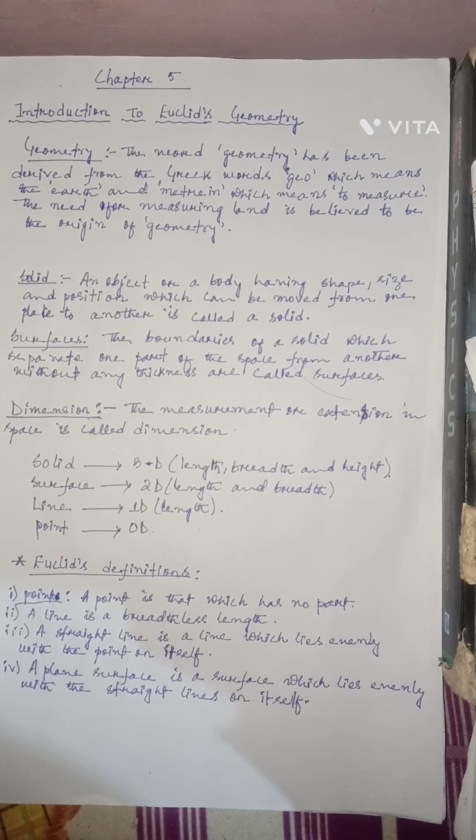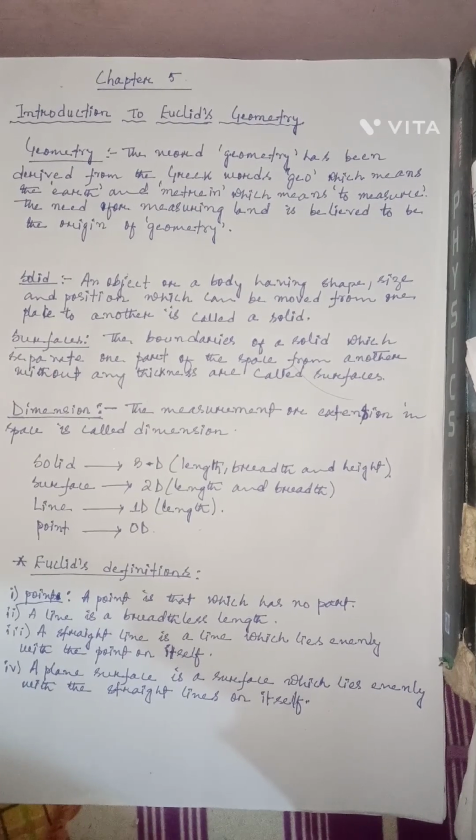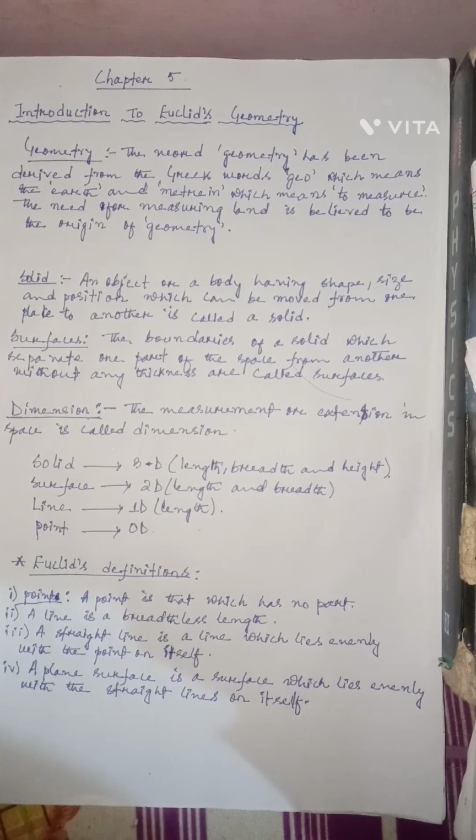And what are these? They are length, breadth, and height. So in these 3, we can express it. And after that we have surface. Surface has 2 dimensions, one in length and one in breadth. So these are the 2 dimensions which a surface has.